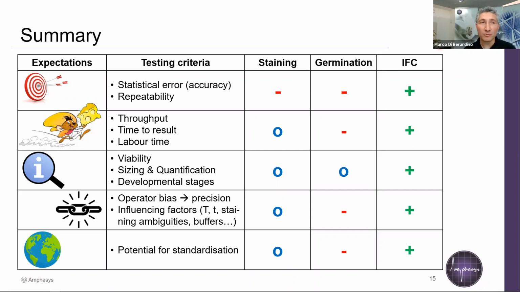So if you would like to check IFC or germination with IFC or with staining, you really must figure out that you have the right setup and the right method and dyes that you are using. I wouldn't prefer germination to staining or to our device. The only thing that makes it different is that you save a lot of time using our device, while if you compare germination with staining, it's really hard work and not really promising for what you are looking for.